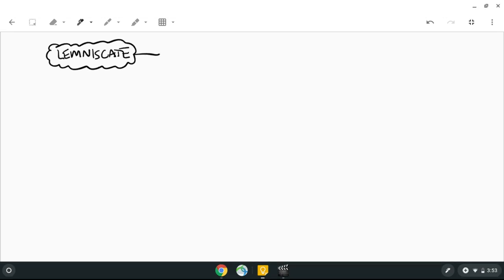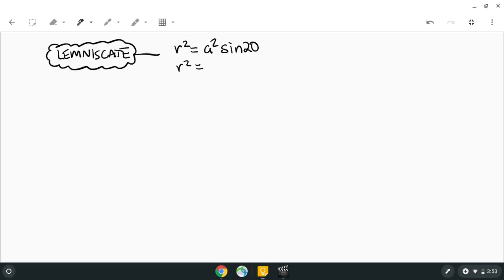These are the equations for the lemniscate. r squared equals a squared sine 2 theta. So that 2 theta is always there. Lemniscate is the only one that has r squared. So that's how you'll recognize the lemniscate, that r squared.